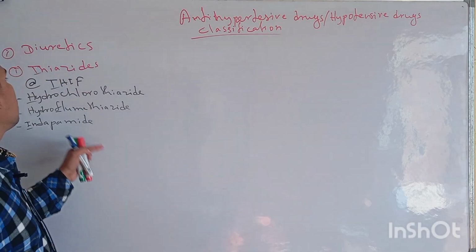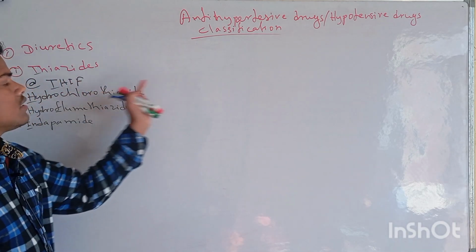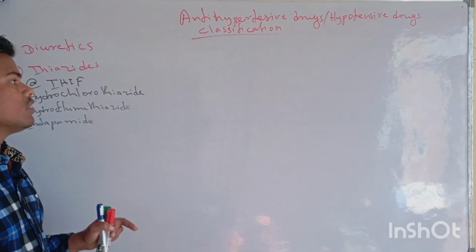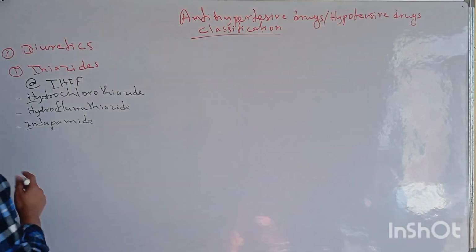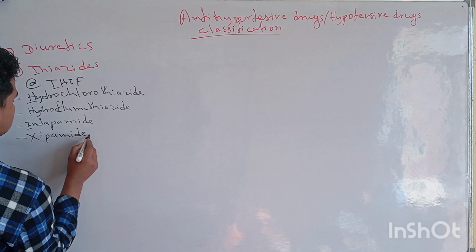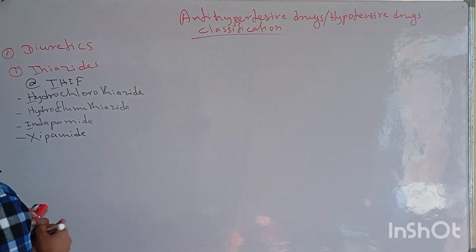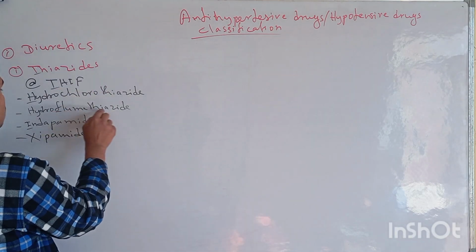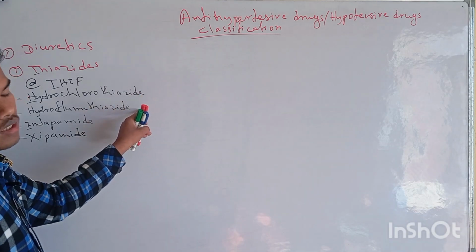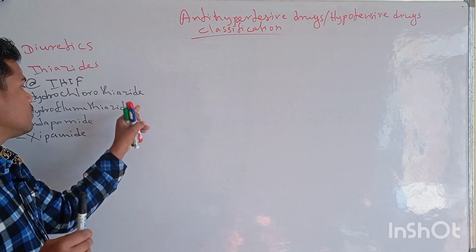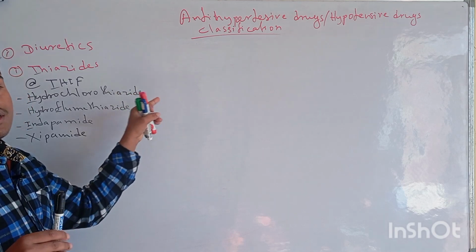I will be showing all examples of diuretics in separate lectures that you will be studying in second year, like xipamide, and some more examples are also there. Among these, hydrochlorothiazide and hydroflumethiazide, the mechanism of action is that they block the sodium potassium 2 chloride channels at the thick ascending limb of the loop of Henle.